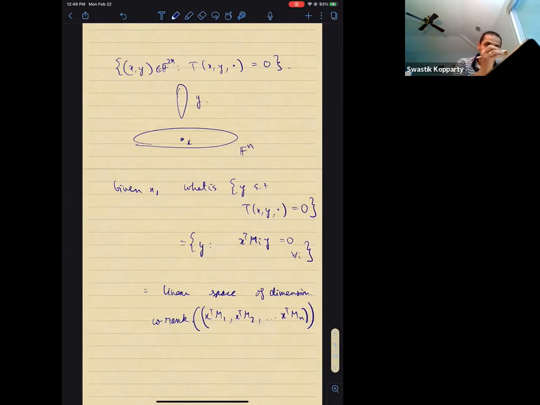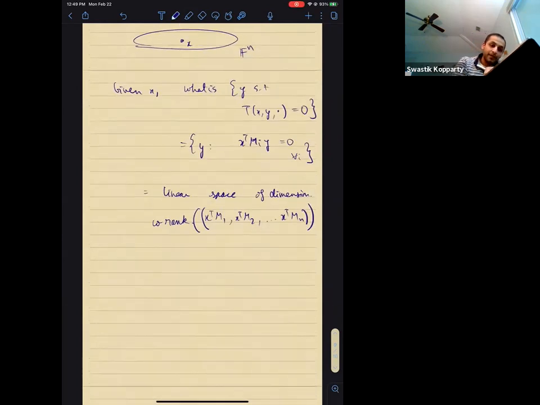So this helps you understand the dimension of the entire variety by breaking it up. So I'm going to write that down now. We look at the dimension of the set of all x's such that, this is just a certain matrix. It is the matrix T of x, dot, dot.